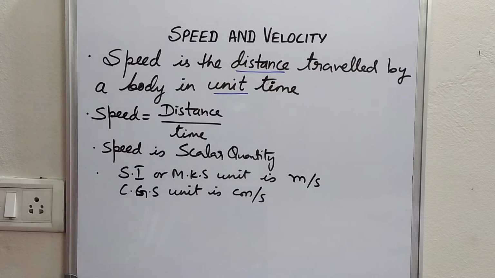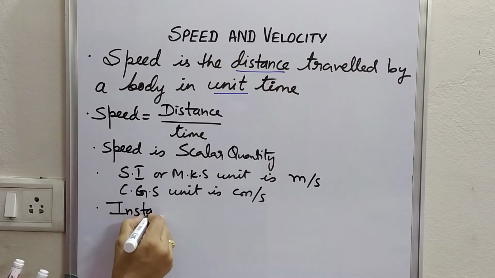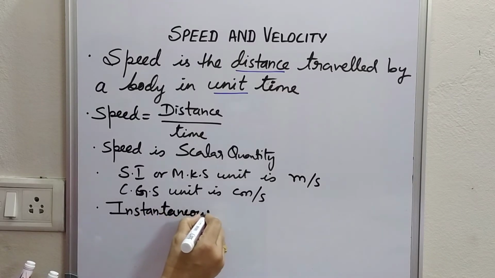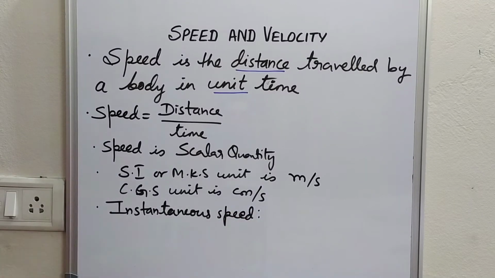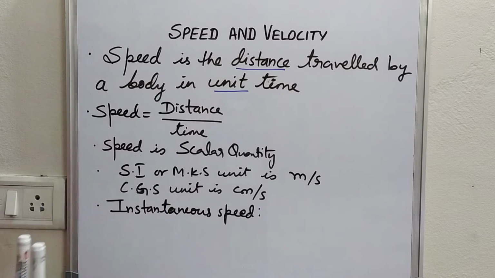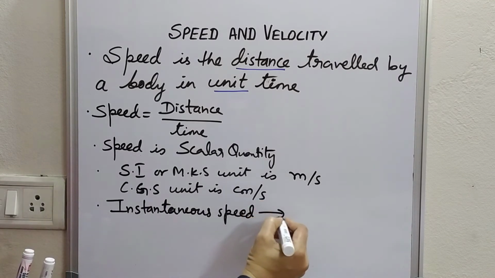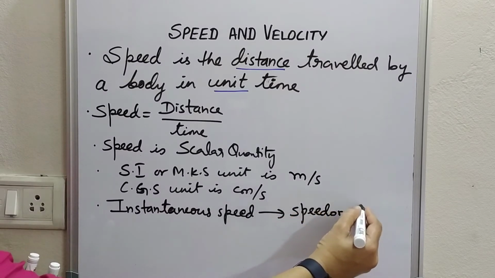Then we have certain terms or definitions like instantaneous speed. As the word indicates, instantaneous speed means speed of a body at an instant of time, at a particular moment of time, whatever is the speed of the body. Instantaneous speed is found using a device called the speedometer.